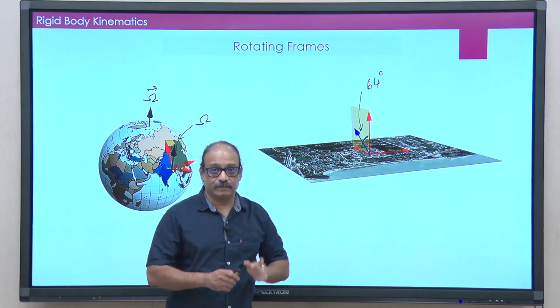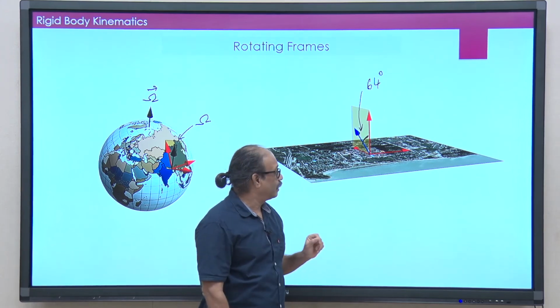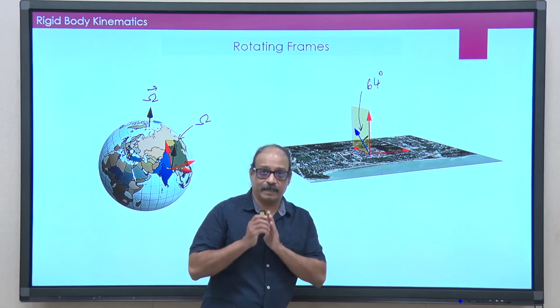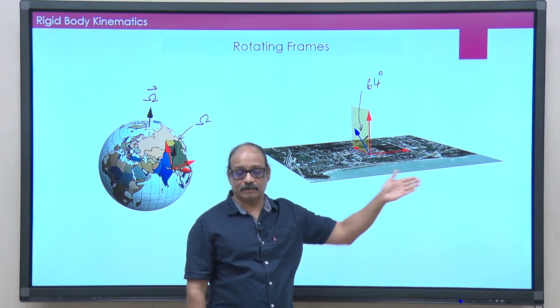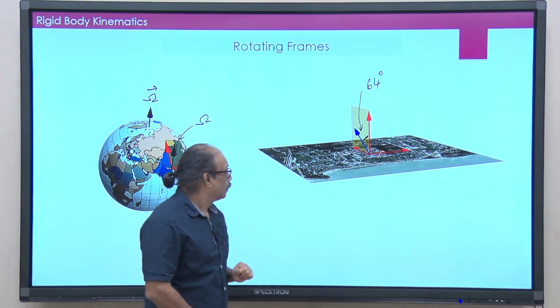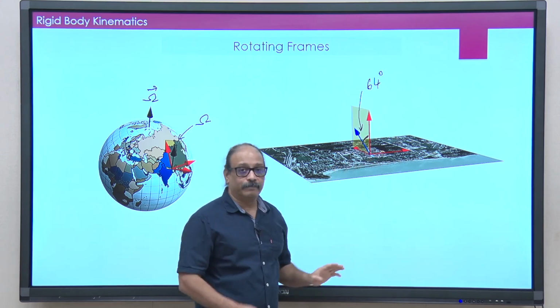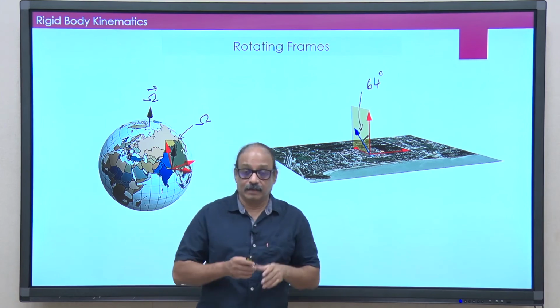And in this room I have z prime and then I have x prime. So, basically my x prime is in that direction and the y prime is in the north direction, that would be this direction, and the omega vector makes an angle of 64 degrees with the vertical, the local vertical.